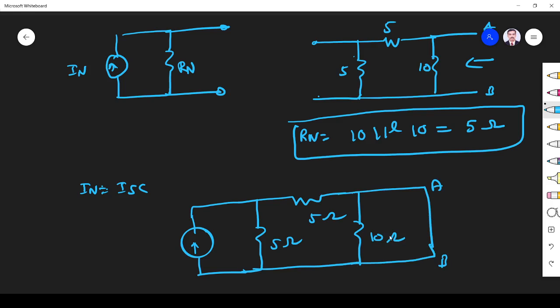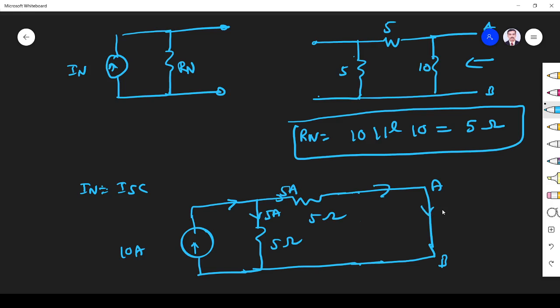So if you short these two terminals, what will happen? This resistor is in parallel with the short circuit, so the equivalent resistance will be short circuit. So this is the equivalent circuit. Now this is 10 ampere, coming here and divided between these two resistors equally. So 5 ampere will go here, 5 ampere will go here.